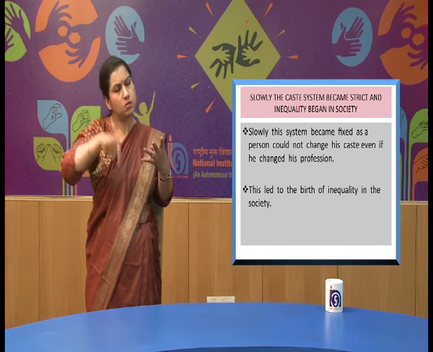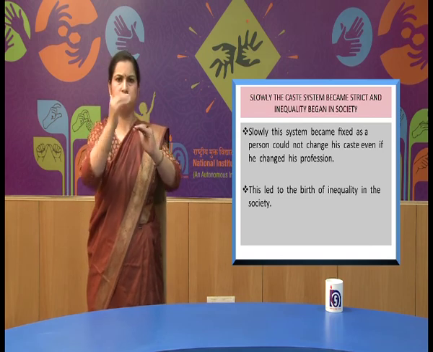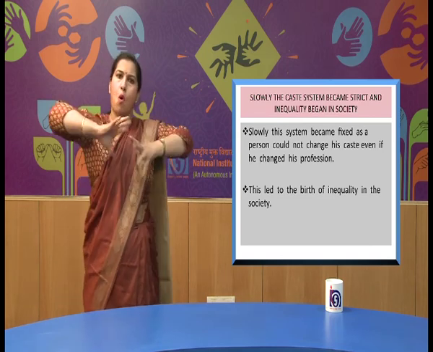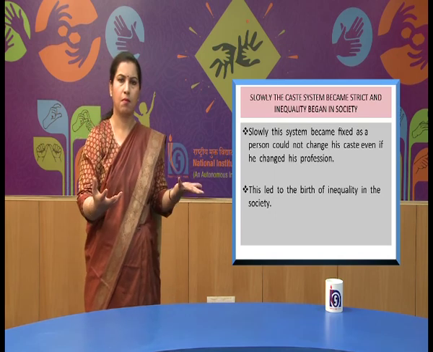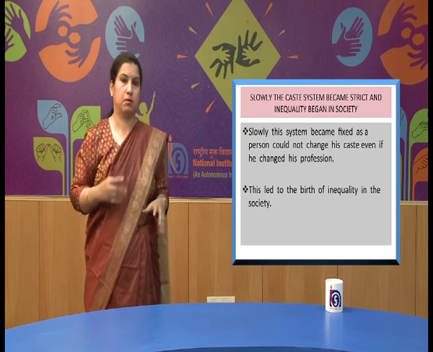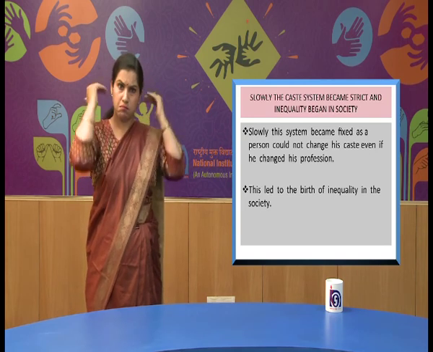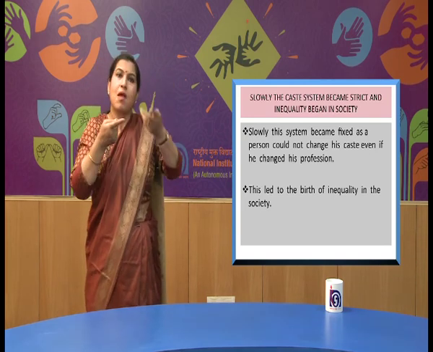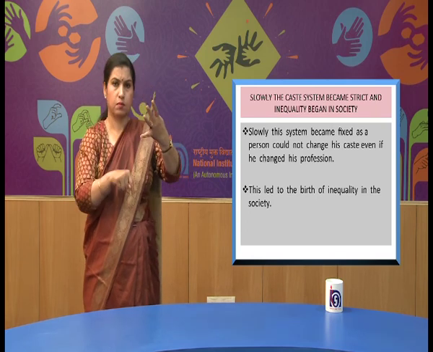This led to the birth of inequality in the society. For example, a person, no matter how capable he was, if born in low caste, was supposed to serve other people.